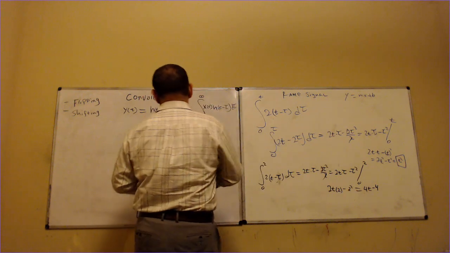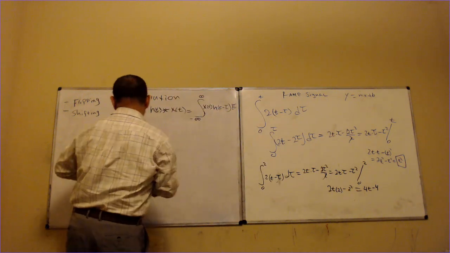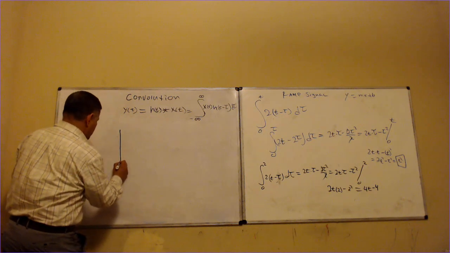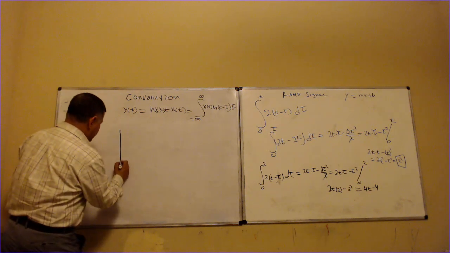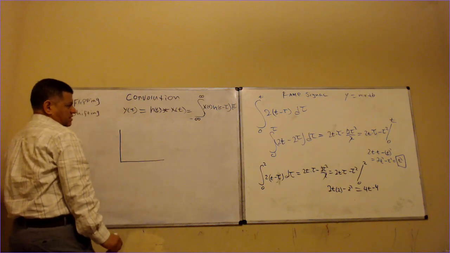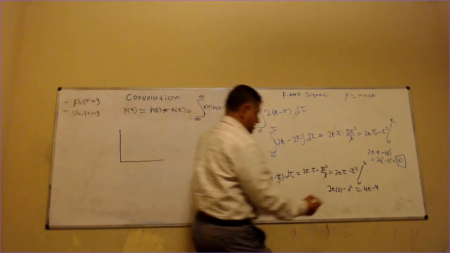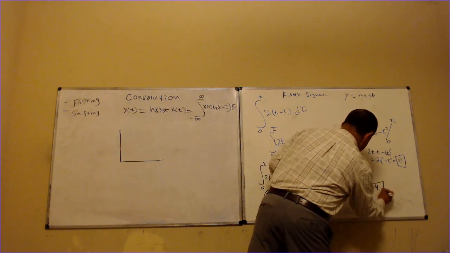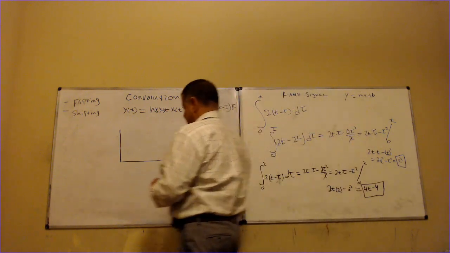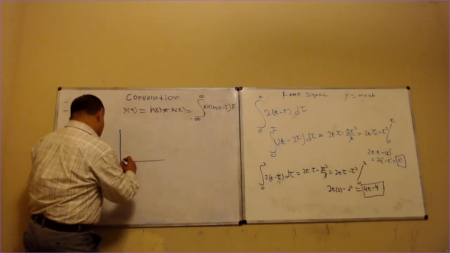So basically, we'll start like this. The first graph looked like a parabola, so it goes like this.